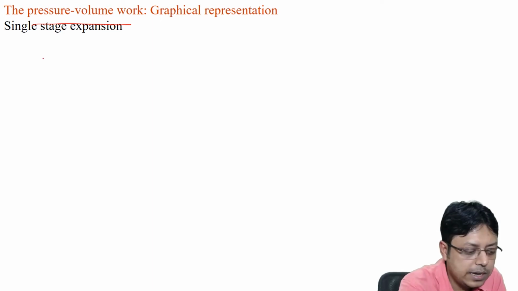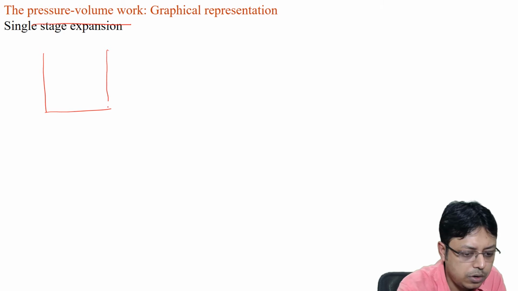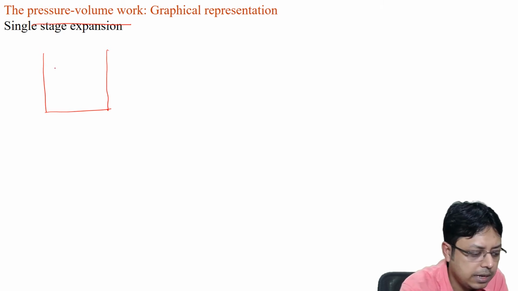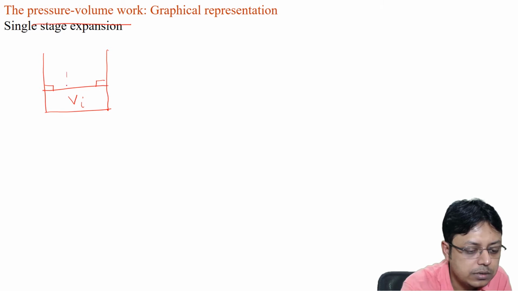Now let us once again draw it. This was the expansion, which means initially the volume was like this and the pins were attached. Suppose this is the mass M, and then there's another set of pins.